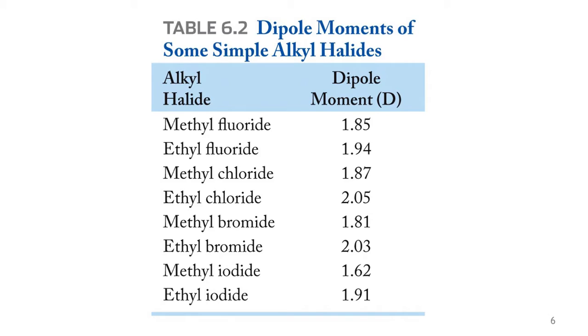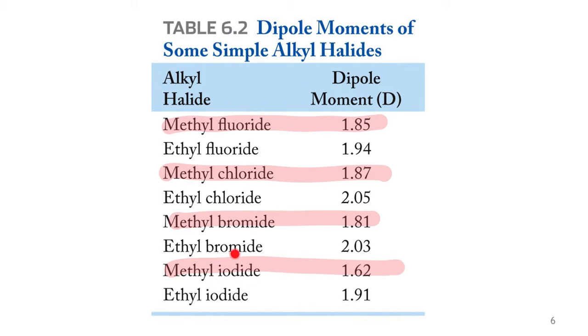You can see also within the data, if you look at just the methyl compounds, methyl fluoride, methyl chloride, methyl bromide, and methyl iodide, a slight decrease in polarity, and that's consistent with the decrease in electronegativity as you go down the group. But there are some other issues in here because it isn't just electronegativity, it's also the length of the bond that matters. And so the bond is getting longer as the electronegativity is dropping.